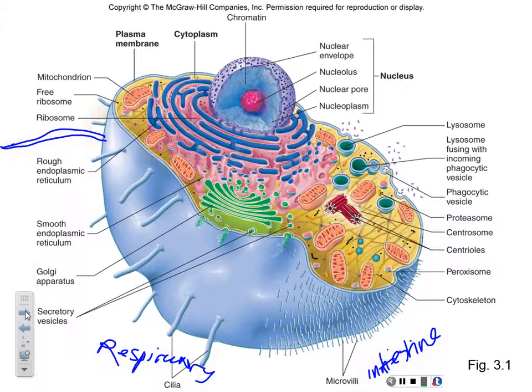Another situation where cilia is helpful is the oviduct, because the egg doesn't have a tail like the sperm, so the cilia lining the oviduct will move the egg along towards the uterus. So that's the difference between cilia and microvilli.